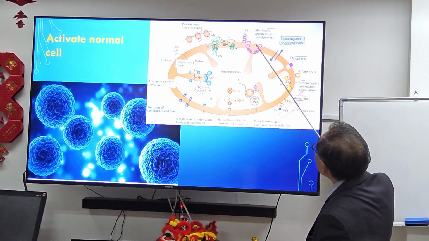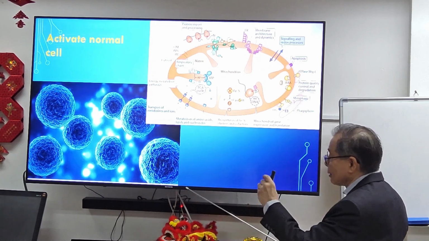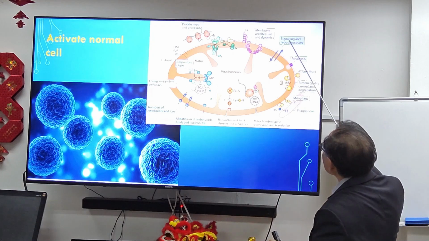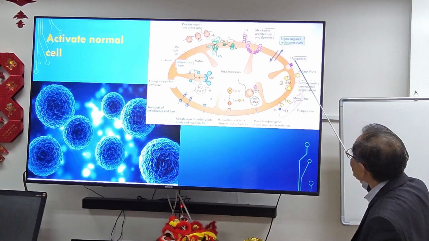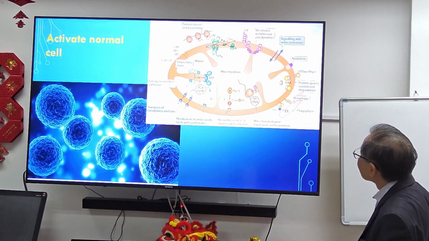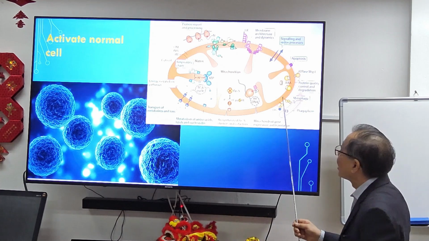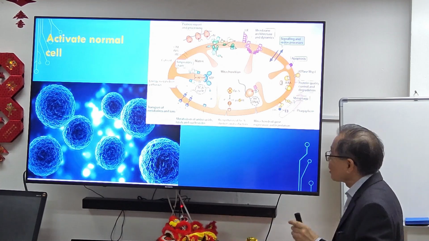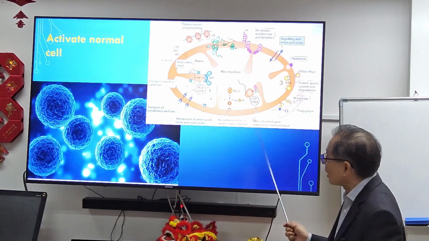It can form molecules for the cell membrane. There's signaling going on, redox process, and cells that are no longer of any use, it causes them to destroy themselves, and so forth. So a lot of functions of the mitochondria, which is the factory house of the cell, is activated by TeraHertz.